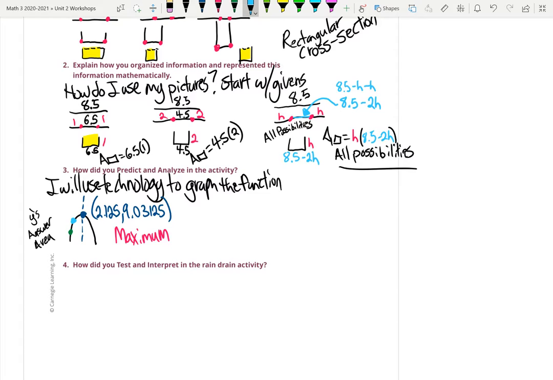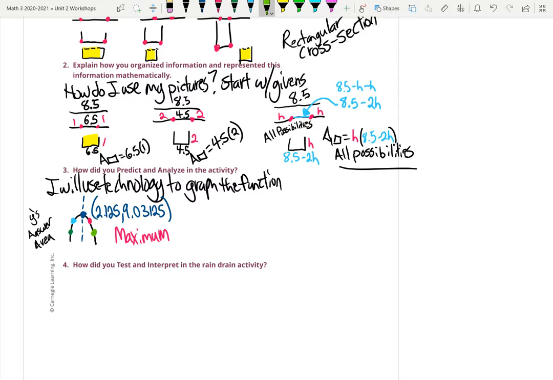The dark blue point is going to have a greater area than the light blue point. If I continue, notice how the dark blue one is going to still be higher above. It's going to be a higher number than the red point, and so on. The red point has a higher area than the green point, and by using technology, I can get those exact specifications. But the maximum is going to be the biggest area.